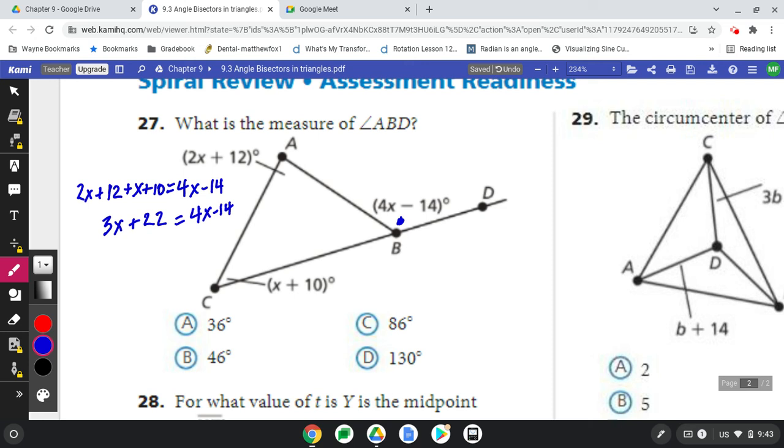Subtract the 3x, add the 14, and we have x equals 36. Okay, but be careful. That is not our answer. It asks for ABD. We have to plug that in here. 4 times 36 we know is 144 minus the 14 will give us an angle of 130 degrees.